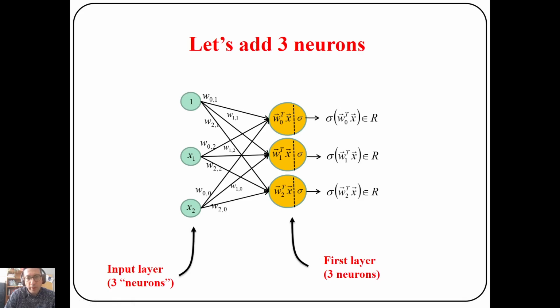We did that before to account for, let's say, 3 classes. But for the sake of this example, we'll just add 3 neurons, which all come with a sigmoid activation function. So each neuron computes a dot product, which is what an artificial neuron does, followed by a sigmoid function. The output of that neuron would be a real value between 0 and 1, because the sigmoid returns a value between 0 and 1. Same thing for the second neuron, same thing for the third neuron.